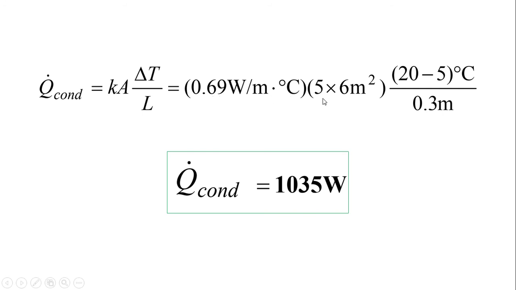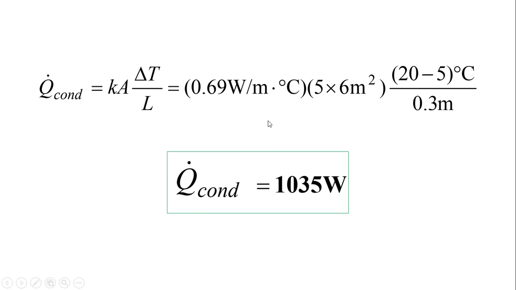The area is 5 multiplied by 6, which is 30 square meters. The temperature difference is 20 minus 5 degrees centigrade. The wall thickness is given as 30 centimeters, so we have to convert centimeters into meters. 30 centimeters is equivalent to 0.3 meters.